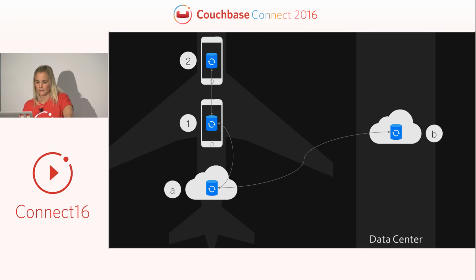But if devices 1 and 2 were to use peer-to-peer, they would be able to create a peer-to-peer network between those two, which means that device 2 can continue to operate offline, but also continues to share data with the rest of the network, even though it doesn't have a direct access path to the network itself. So peer-to-peer is very powerful. It's gaining a lot of traction, like I mentioned, and it might be something you might be interested in.